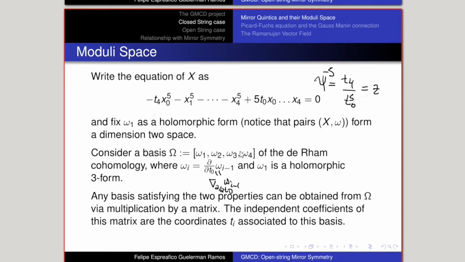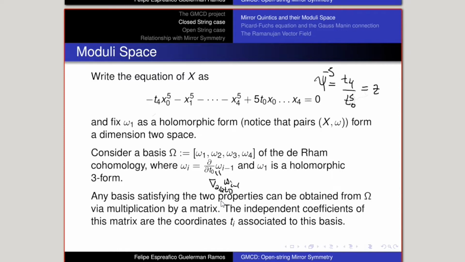Of course, this basis does not satisfy our properties. It doesn't have a constant intersection product, and it also doesn't respect the Hodge structure. So we need to make a change by a matrix.